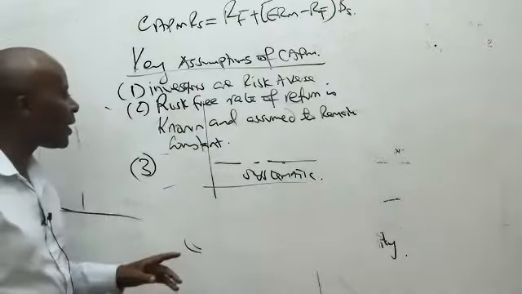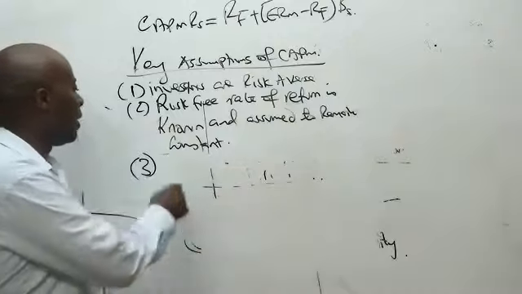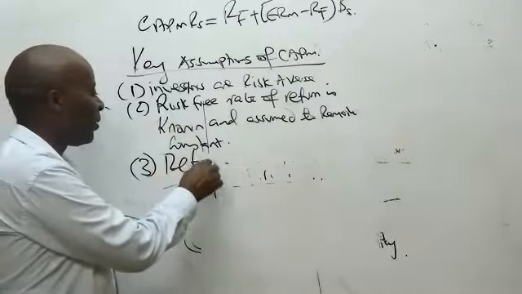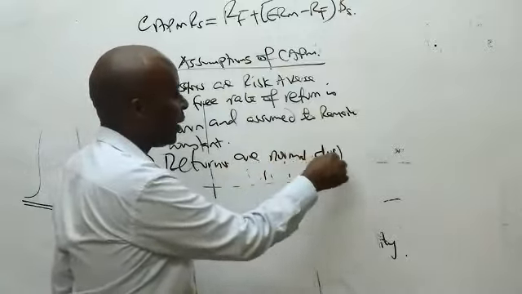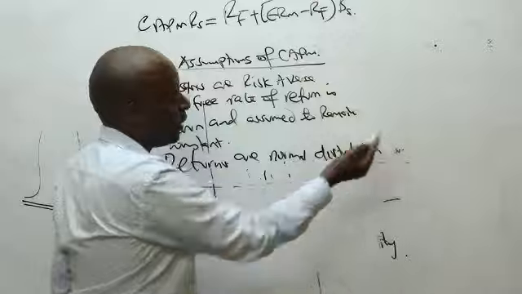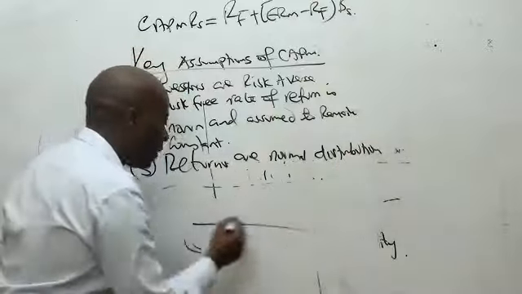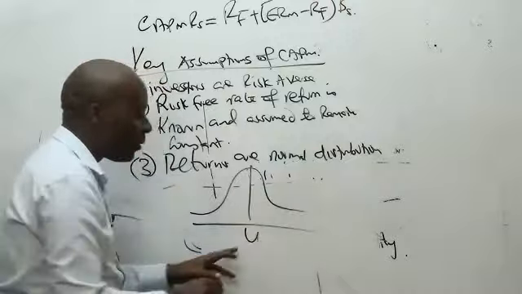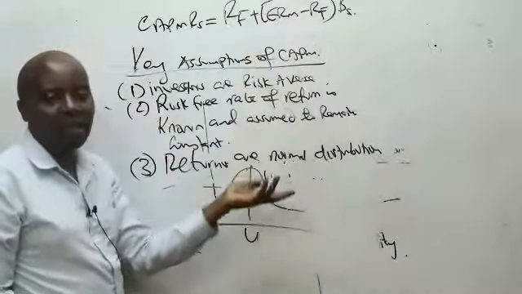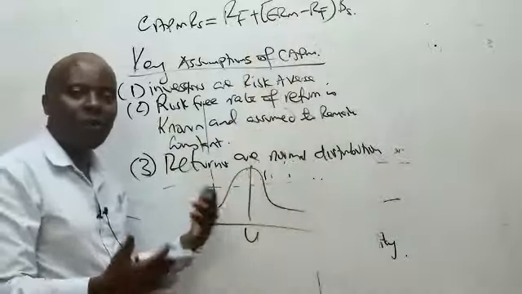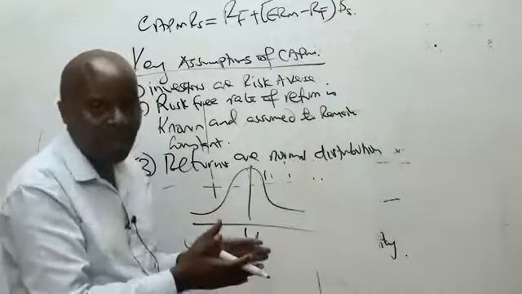Returns are normally distributed. That is a key assumption. And it's because of this normal distribution that we normally prefer making use of the expected returns. If they were not normally distributed, whatever returns you could be using as expected returns would not make any sense.